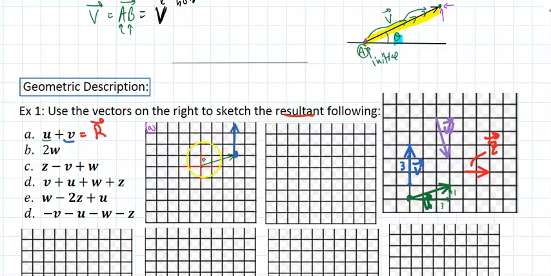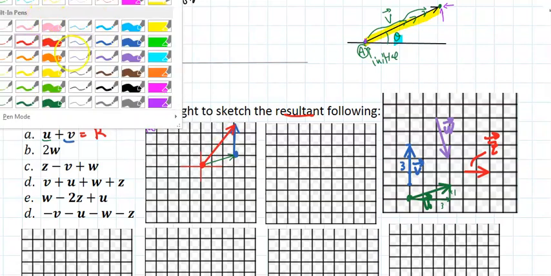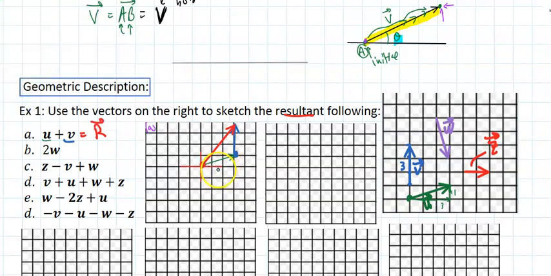I drop my item off right there, and if I go in a straight path, that's where I pick it up. Since this is where the first one dropped off and the second picked up, this is simply u plus v. And that's how it works.